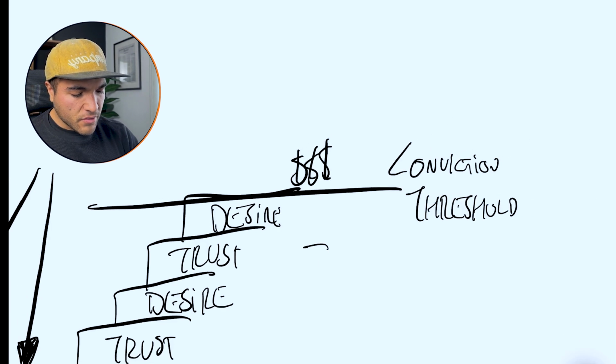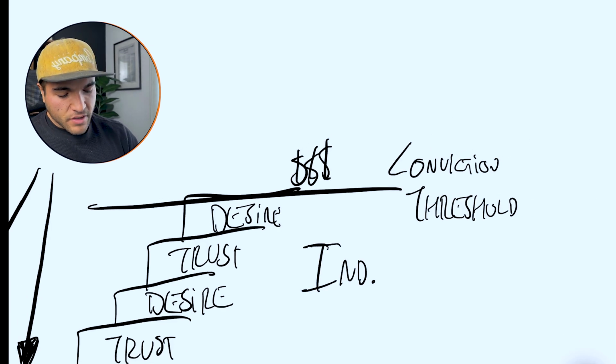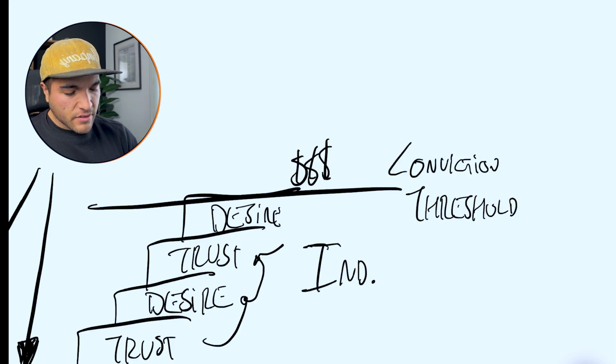If you are down here, you're living in indecision. So the more trust and the more desire you create, the higher your likelihood to get the sale.